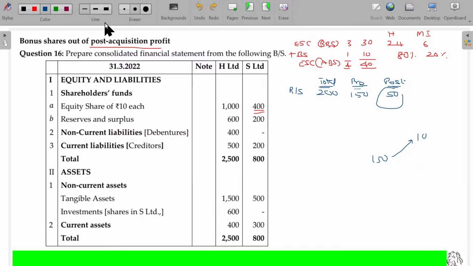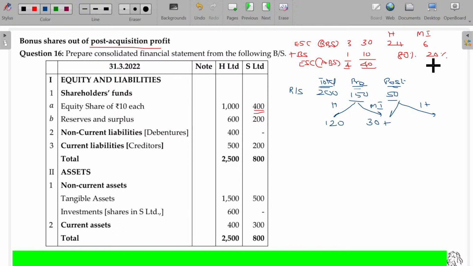So the sum seems to be pretty simple if it is the post acquisition profit bonus. And share between holding and minority. 150: 80% here is 120, 20% is 30.